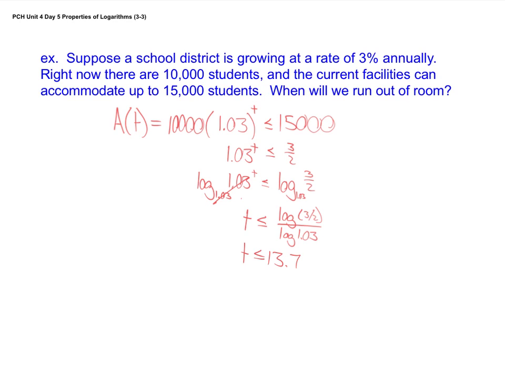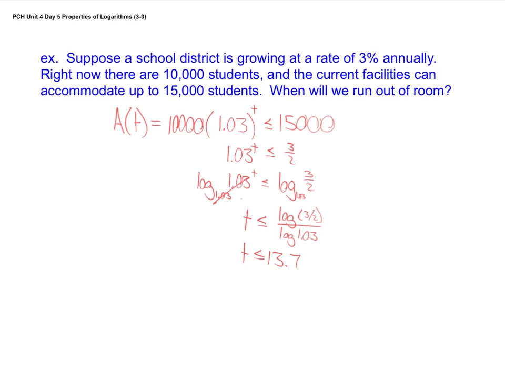If our population continues to grow, when are we going to meet capacity? So we need to plan ahead. This is the kind of stuff that a civil engineer or a city planner might have to think ahead on. We need to make sure our facilities keep up with our population growth.